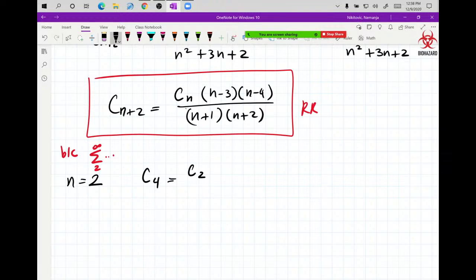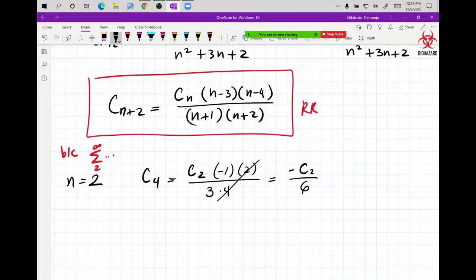and then when I plug in 2, I'm going to have negative 1, 2, 3 times 4. And now, since we're not going to be looking for any of those functions, this is going to be negative C2 divided by something, whatever it is. 6. There we go.